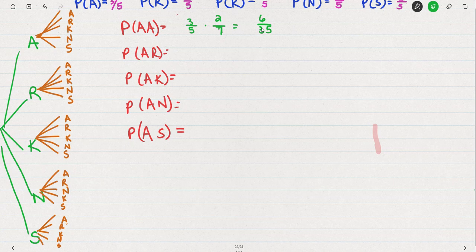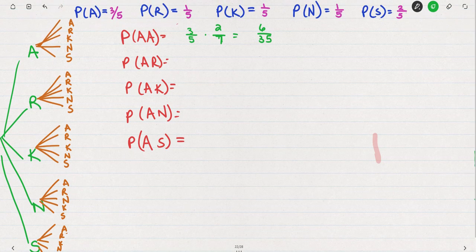Let me talk you through that one more time. The probability of the A on the first draw is 3 in 5. But when I don't put that A back, there are only 2 A's left in the box, and there's only 7 tiles total. And I just noticed these should all be over 8, shouldn't they?